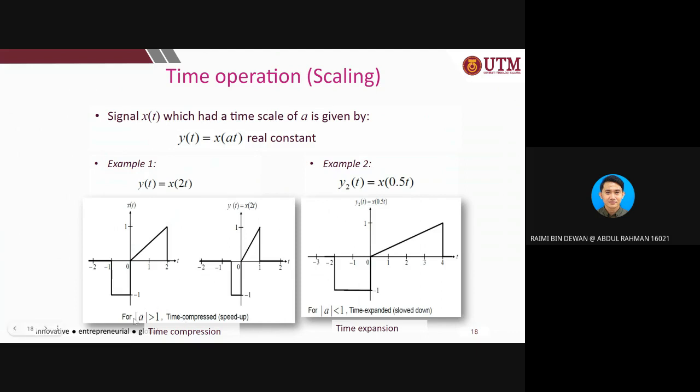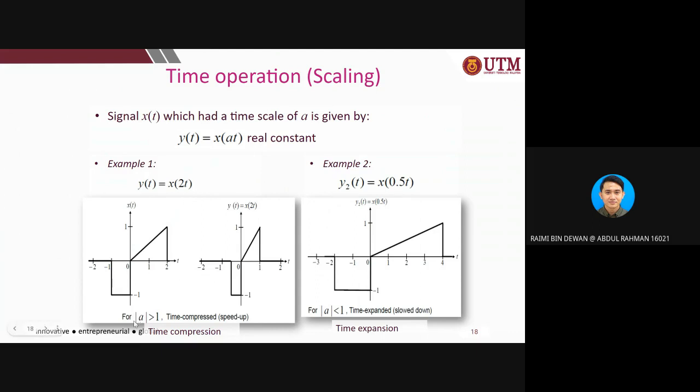It is described in magnitude, which means that in this condition we don't consider whether it is positive or negative. As long as the magnitude is greater than 1, for example x(2t) or x(-2t), we consider the magnitude only, which is 2.